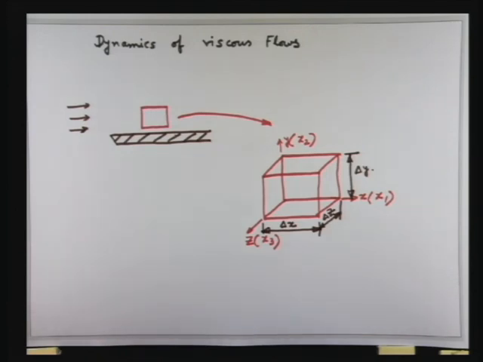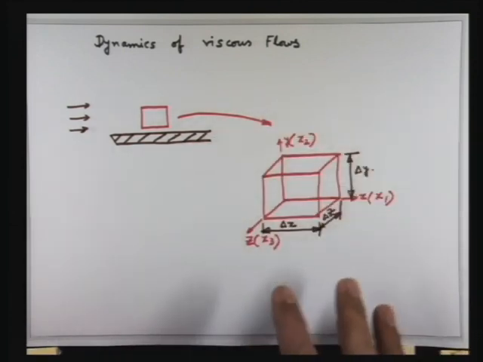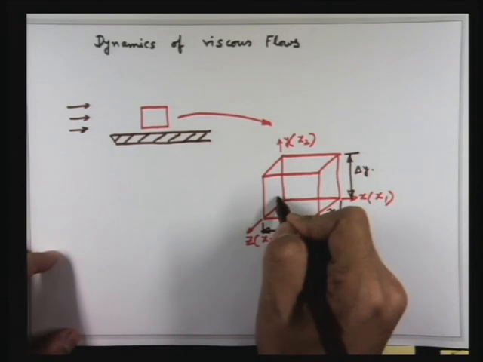Some forces will be acting along the x1 direction, some along x2, some along x3. So let us write only the forces along the x1 direction. It would be very clumsy to represent forces in all possible directions in a single figure. Because we are interested in writing the equation of motion in one particular direction, let us represent only the forces in that direction. That means it is not a complete free body diagram, just a representation of forces in a particular direction. To do that, let us give some names to these faces.